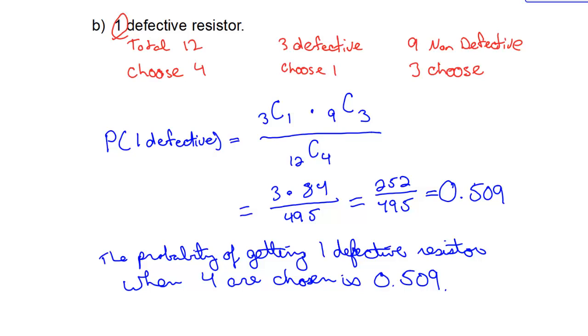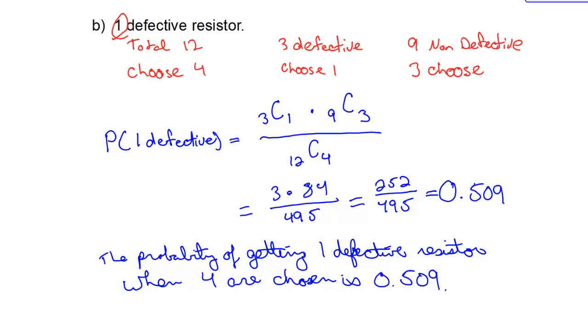Okay, and remember that since this is a word problem, just stating that 0.509 doesn't answer my question. I need complete sentences. You need to make sure that you relate it back to the original problem.